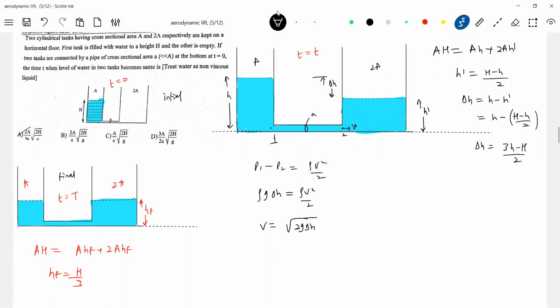Equating the flow rate, this will be A times minus dH by dt equal to a into V. The flow rate at this point means whatever amount of liquid per second decreases in this left container, that much liquid per second should flow through this horizontal pipe. That's the meaning of this.